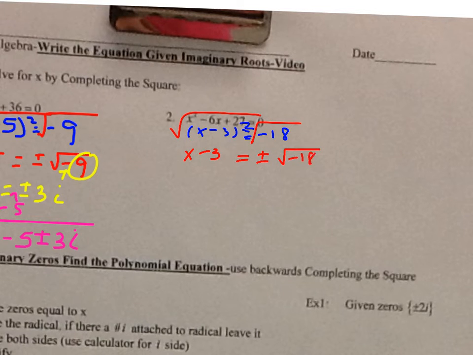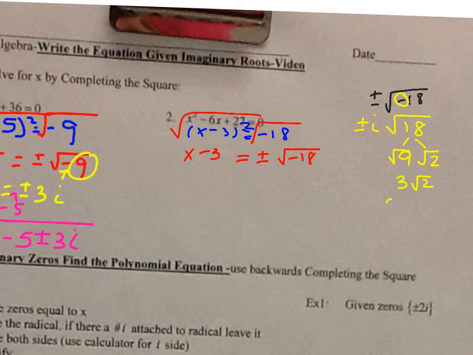Now, the square root of 18 is not a perfect square, but I can simplify that. So I'm going to do that on the side over here. So remember, the negative underneath becomes i. So I have plus minus i, the square root of 18. What perfect square goes into 18? That would be 9. So it would be 3, the square root of 2. So now I have to put in that i with it.